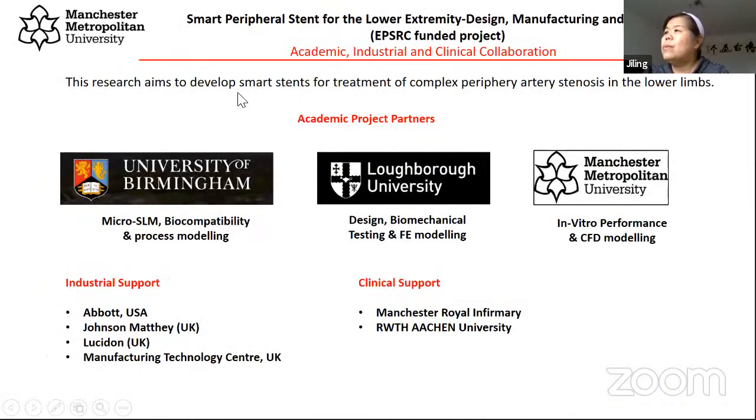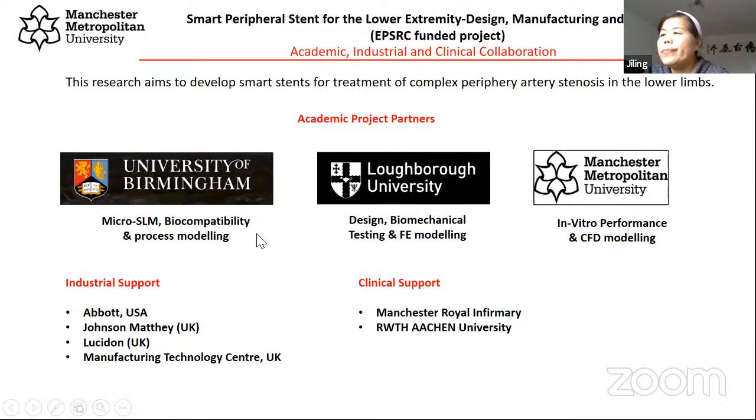Okay, and another one is the smart peripheral stent for the lower extremity: design, manufacturing, and evaluation. That is an EPSRC funded project. As I mentioned, this is a joint project with three academic partners: University of Birmingham, Loughborough University, and my group at Manchester Metropolitan University.